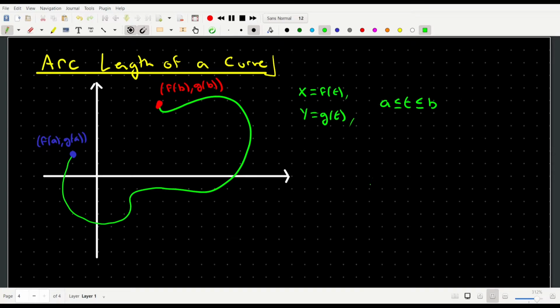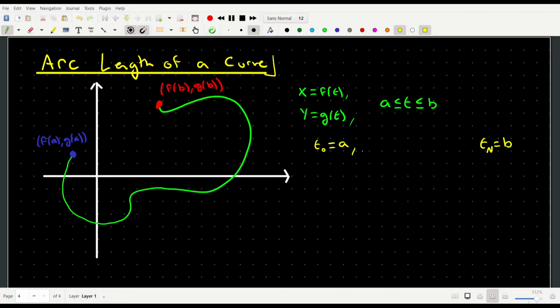So the first thing that we do is form a partitioning of our domain, where the initial point of the partition, t0, is equal to a. The final point of our partition is tn, which is equal to b. And the partition will contain n segments going from t0 to tn.